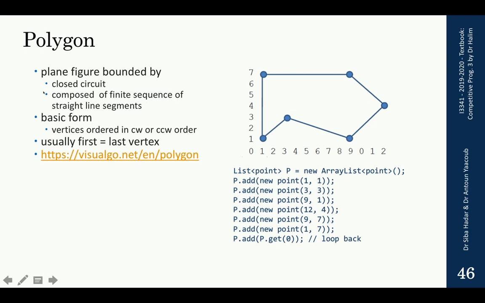So what is a polygon? A polygon is a plane figure bounded by a closed circuit composed of a finite sequence of straight line segments. In its basic form, it is represented by ordered vertices given in clockwise or counterclockwise direction.